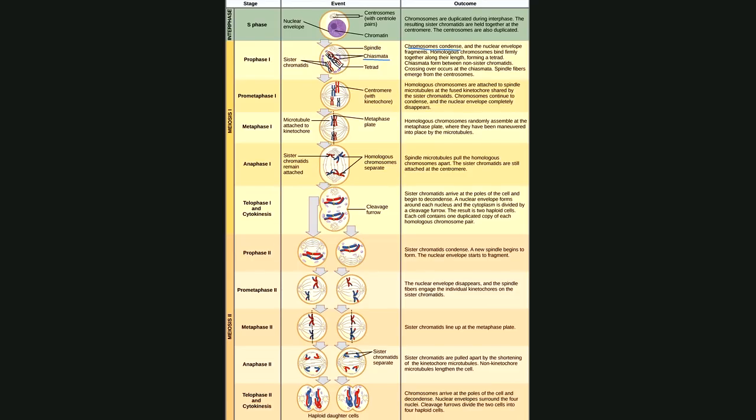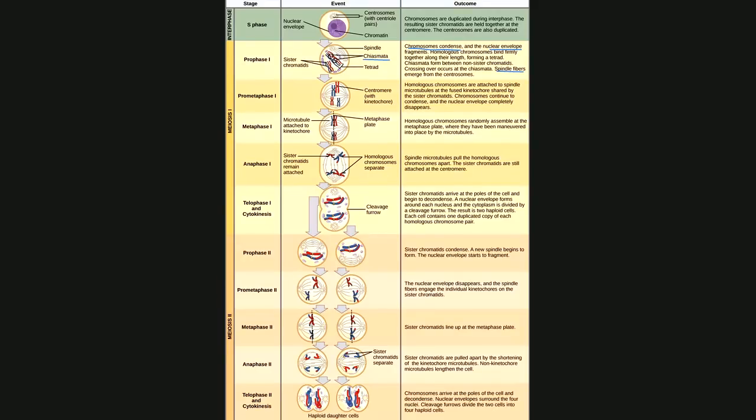The nuclear envelope begins to go away, and we begin to see the spindle forming. But the big thing that occurs in meiosis here is the crossing over event, where the tetrads, the homologous pair, come together and you get a little bit of crossing over.